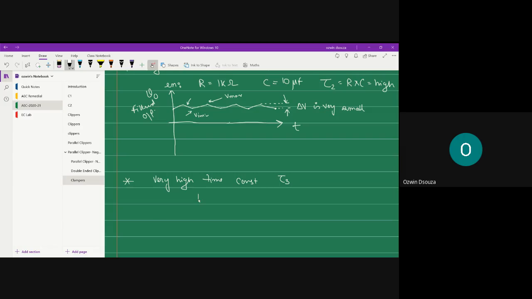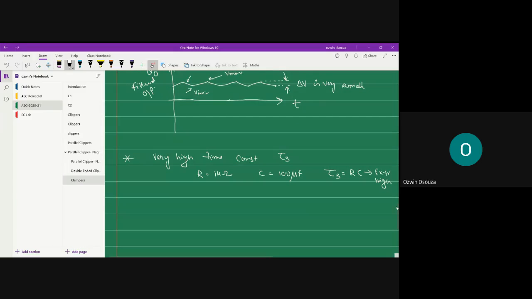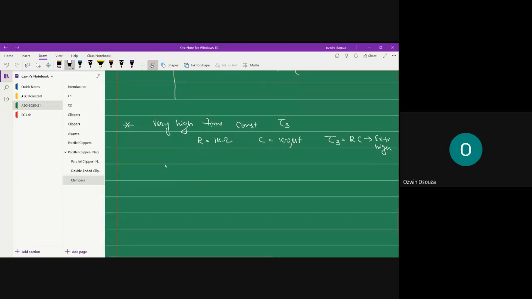Say R is equal to 1 kilo ohm and C is equal to, let's say, 100 microfarad. So whatever time constant tau 3 you get, that is R into C, will be extremely high. By fixing a very high time constant, you can expect a waveform of this kind.